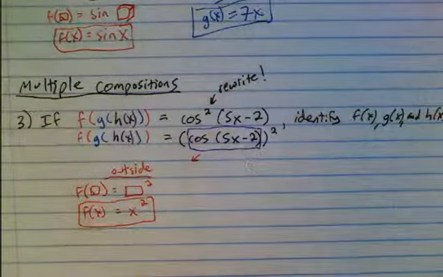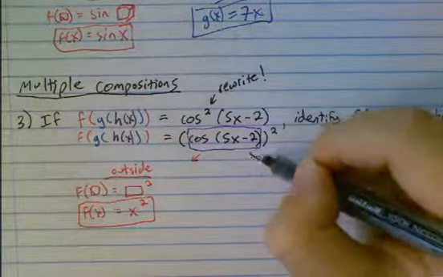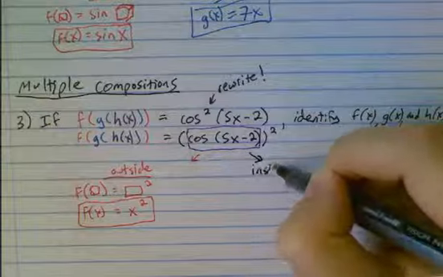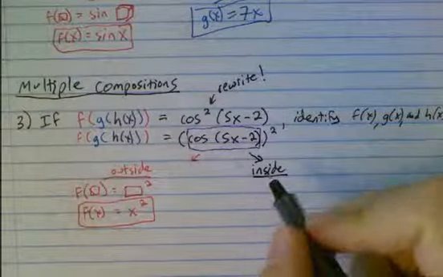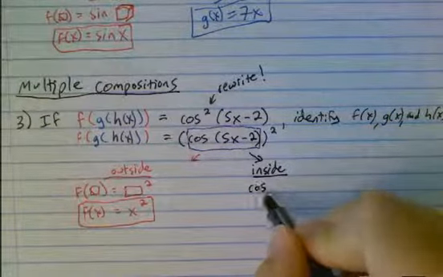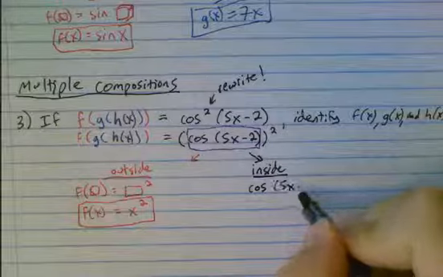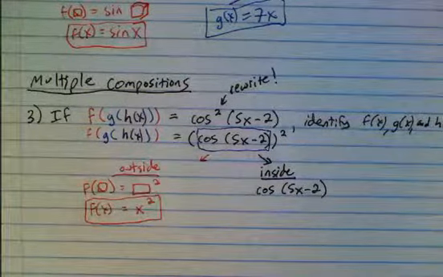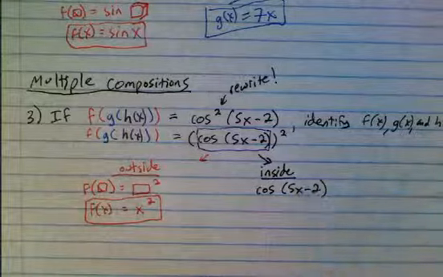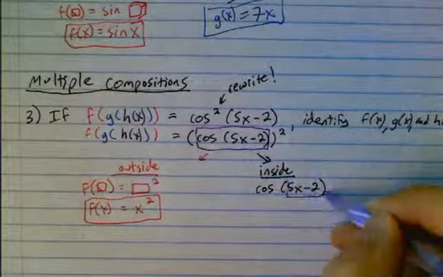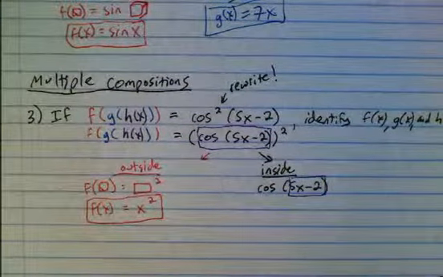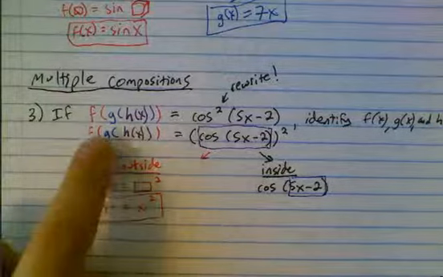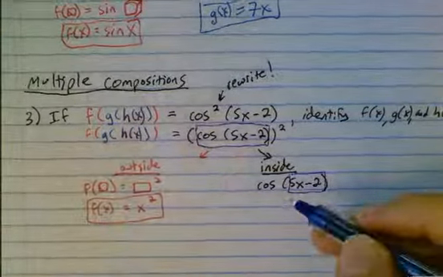But what makes this different is that when we come to look at the inside function, notice that we still have a box function. Inside is cosine 5x minus 2. But cosine is a trigonometric function. It has a box itself. So our next layer, we've already taken out f, so our next layer is g.